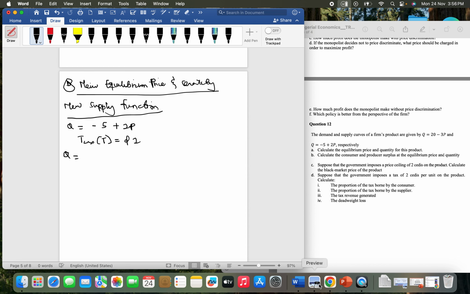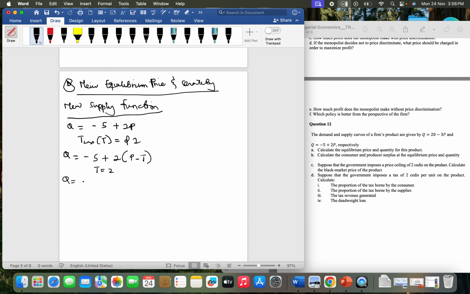Okay. So tax we subtract, subsidy we add. So I have minus 5 plus 2, open bracket, P minus T. We know T is equal to 2.